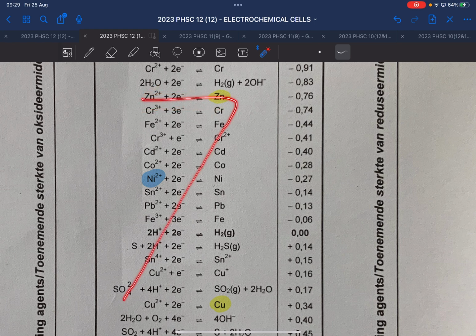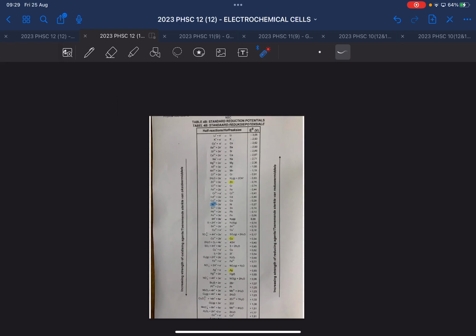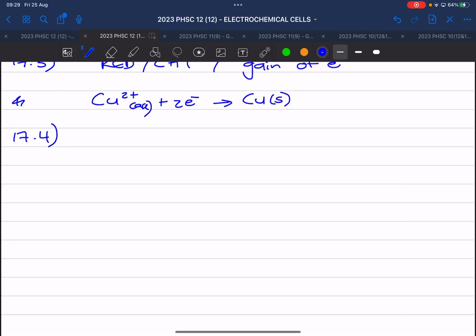Whereas if you look here, copper ion is a stronger oxidizing agent, meaning it would form a precipitate the whole time. So if you compare the two things to one another, you can either say zinc is a stronger reducing agent, or you can say copper ion is a stronger oxidizing agent. Are you with me? Okay, so we can choose.